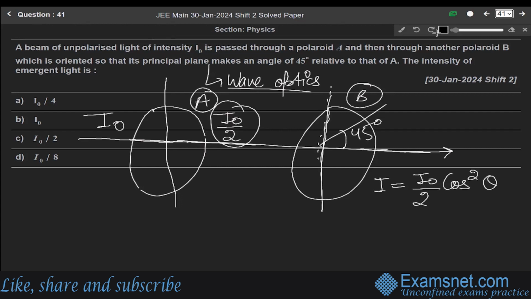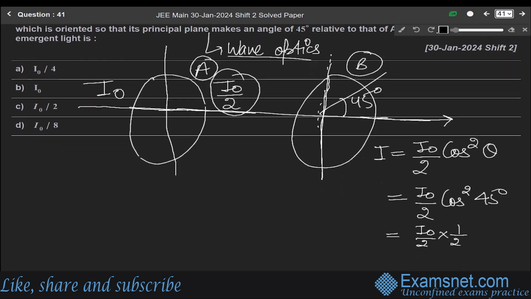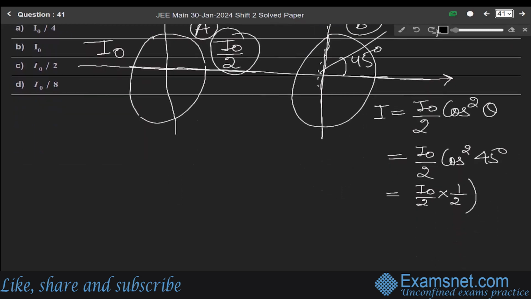Here theta is 45 degree, so it will be I naught by 2 cos square 45 degree, which equals I naught by 2 into 1 by 2, since cos 45 is 1 by root 2, so its square is 1 by 2. So the intensity will be I naught by 4. Our correct answer is option A, I naught by 4.